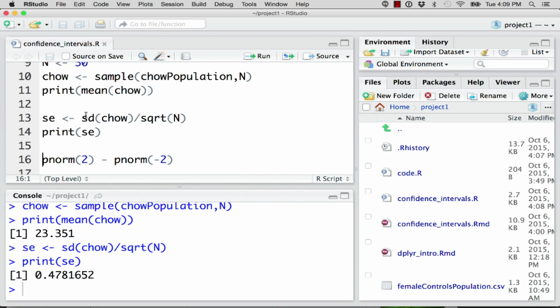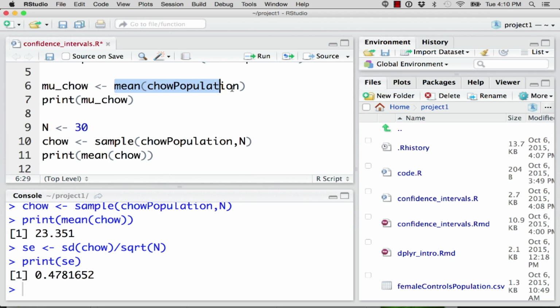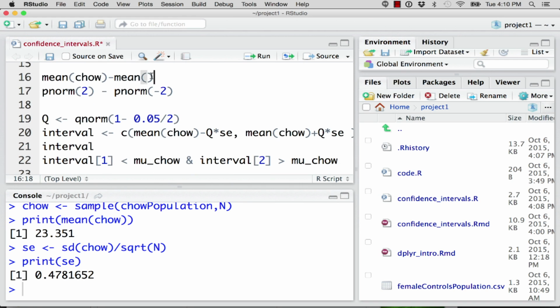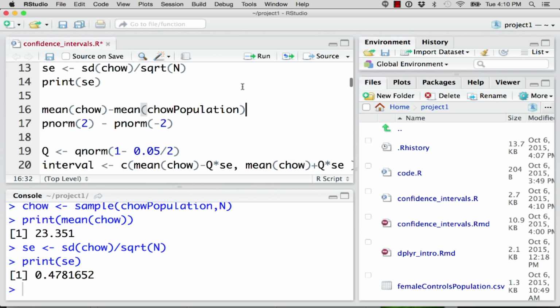First thing to do is compute the standard error, and now we know that the mean chow minus the thing we want to know, which is this guy here, has mean 0. We know that the mean of the sample average is the population average, and if we divide by the standard error, then we have a normal 0-1 random variable.